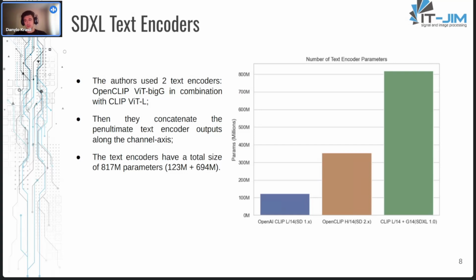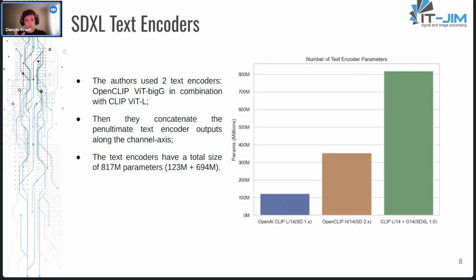The first step in the pipeline is text encoding, given positive and negative prompts. They are encoded into text embeddings, concatenated, and fed to the UNet module. So the authors used two text encoders, OpenCLIP in combination with CLIP.